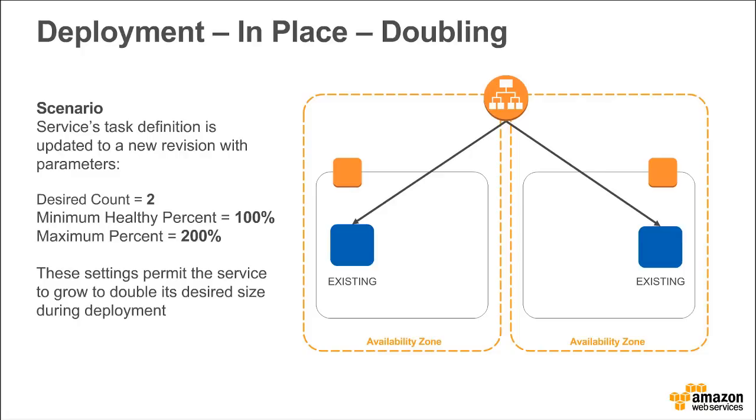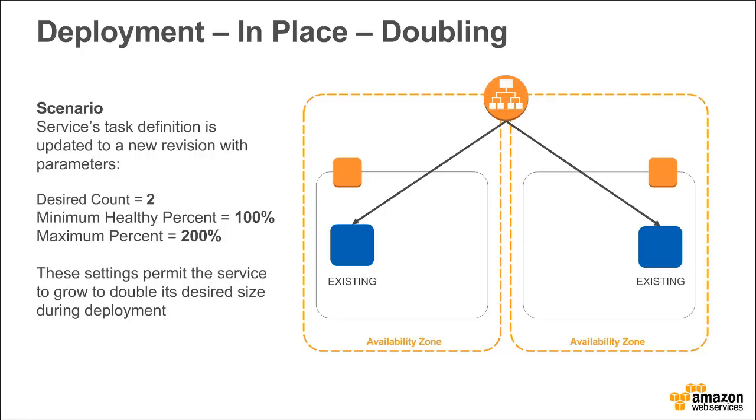So here we're saying our service can have 2 tasks running, and we want to ensure that we have at least 2 tasks running at any given time. But it's okay to grow up to double the size of the service, meaning we can have up to 4 tasks. That's fine. If during deployment we have 4 tasks running concurrently, that's okay for this service. So these settings permit the service to grow double its desired size during deployment.